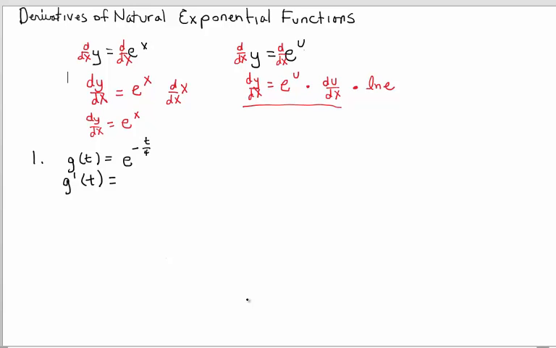I've identified this as not a power function, so I can't use the power rule. I have to use the natural exponential rule. So the derivative is itself, so write that down first, times the derivative with respect to t of the inside function, which is going to be the exponent. I'm going to get it ready for differentiation, so I'm going to write it as negative 1/4 t.